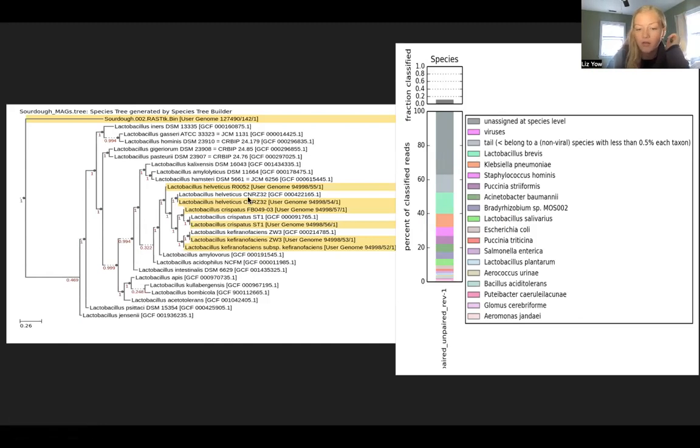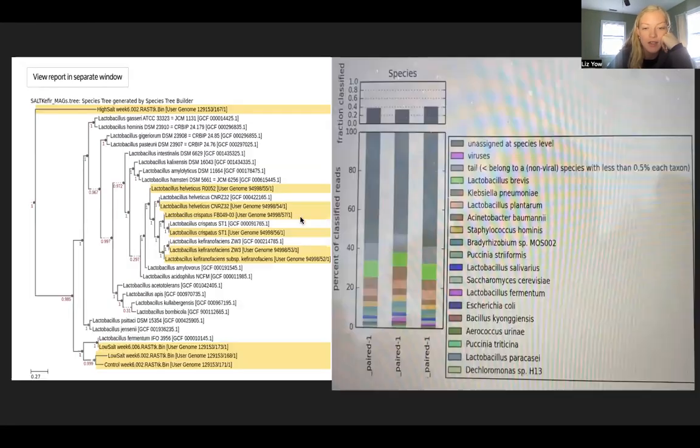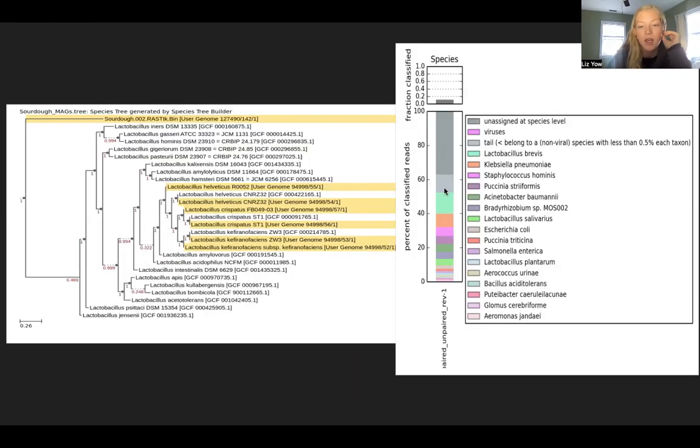So here's the original data that was taken on day 2 of the experiment. And the community, if you compare this to this control right here and the other ones with the salts, the community changed a good amount.